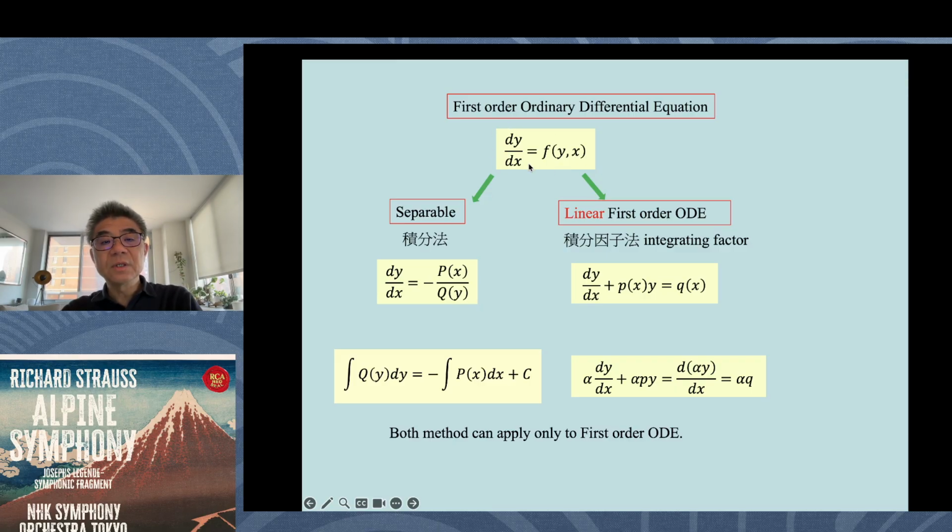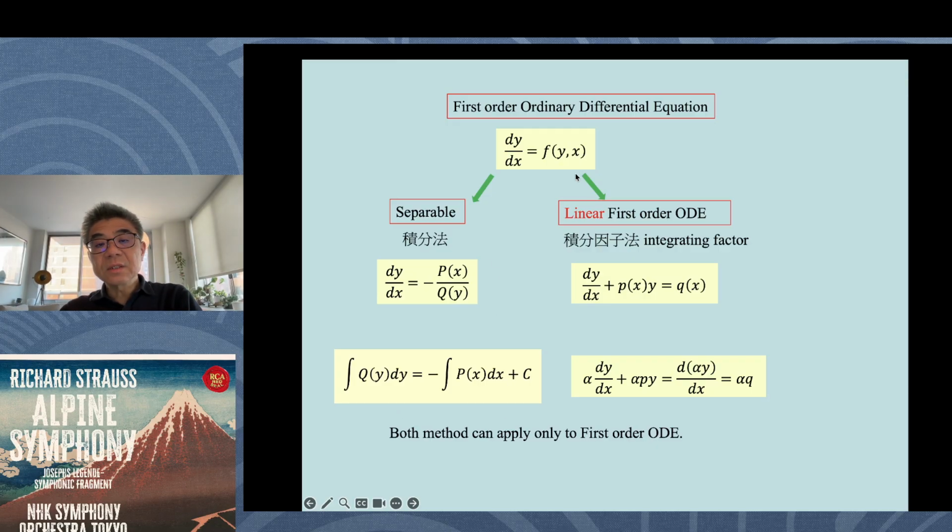However, if f could be simplified to p(x) over q(y), we'll call it separable. And then, as I showed you earlier, you can just pull the q to one side, dx to the other side, and take integration. And we will get the solution like this.